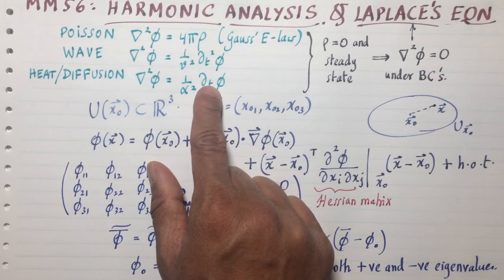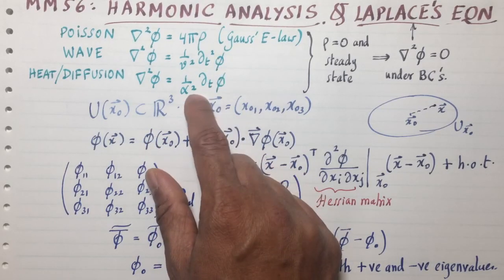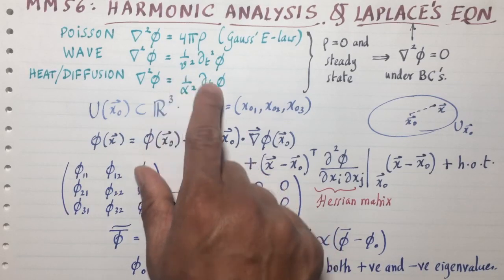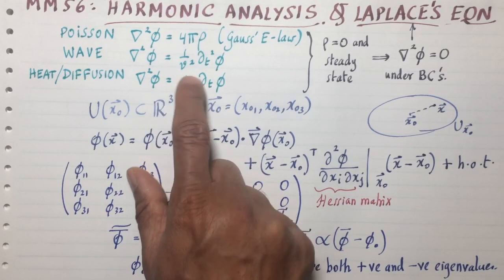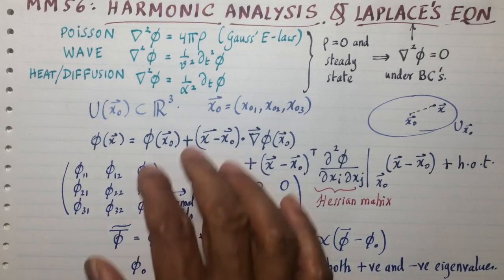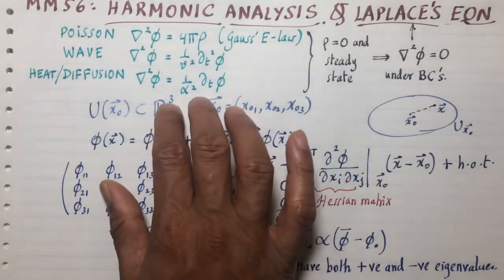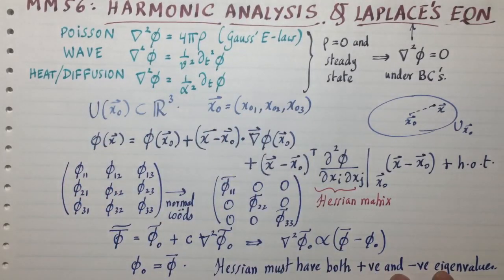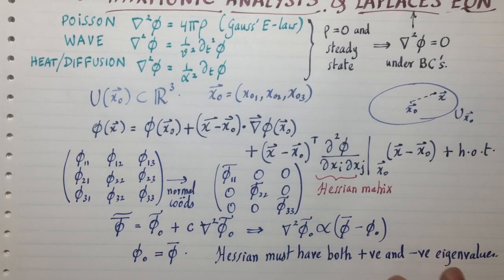So when we investigate the heat equation in detail, we'll find that there's a different equation associated with it called the Helmholtz equation. That will be the eigenvalue problem associated with this particular equation. So you can always have an eigenvalue problem that comes from just the consideration of Laplace's equation.